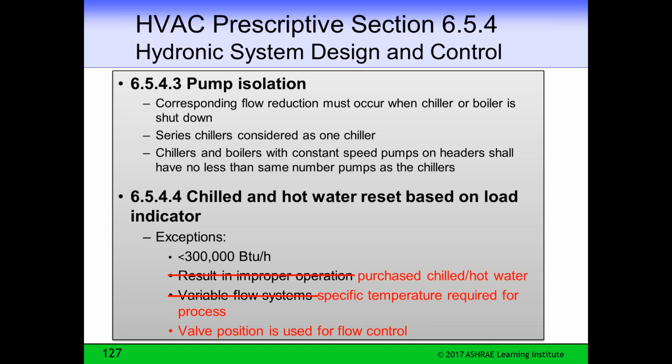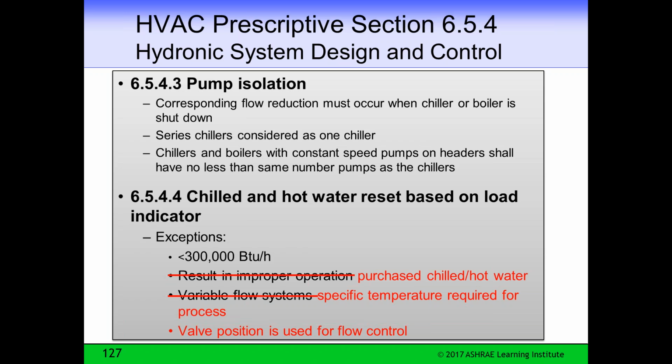If you're purchasing the water and you're not getting the advantage of the chiller or the boiler being able to back off because of the temperature change, you have no advantage in your building to do a reset, because all they will do is speed up your fans. So we don't require you to do it.